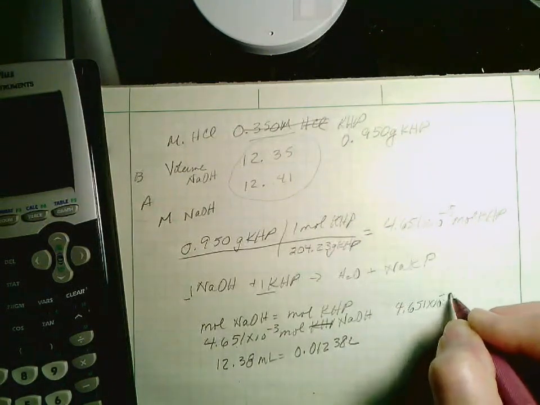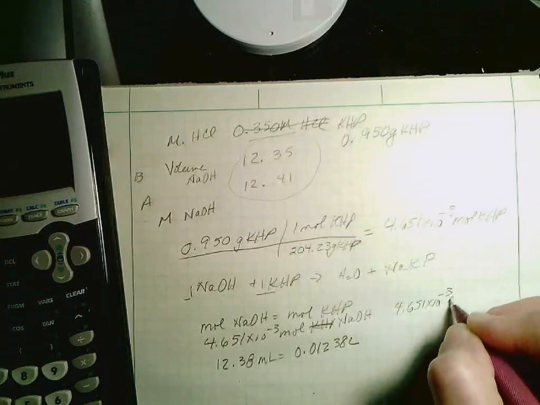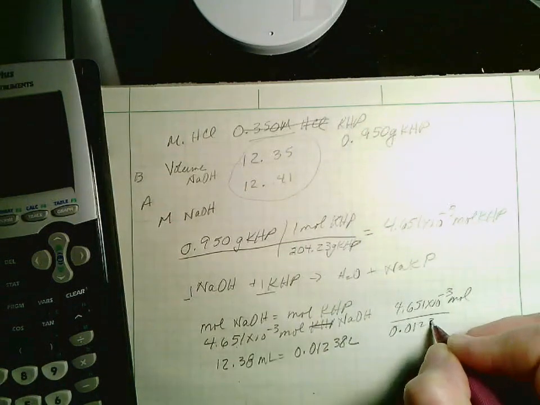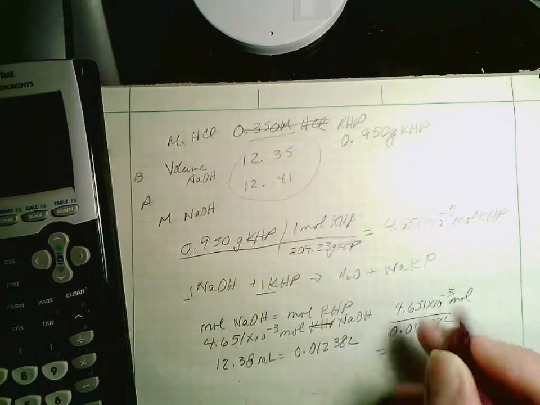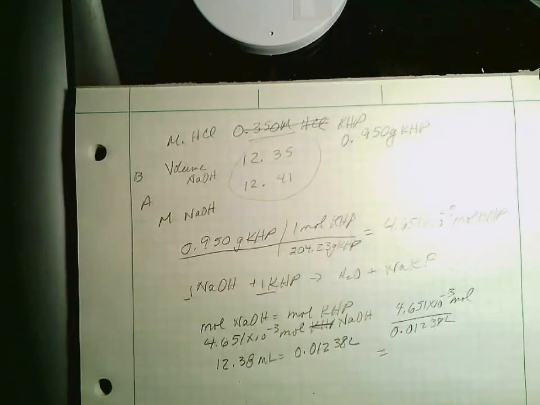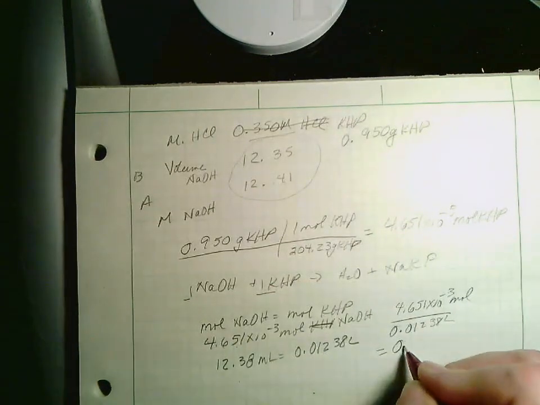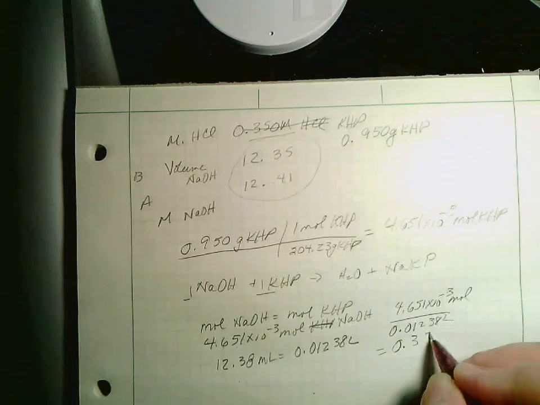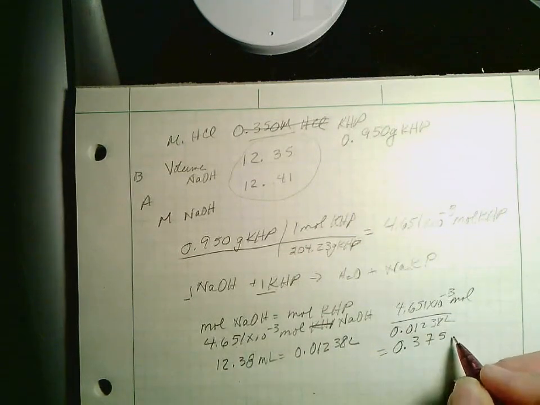So this number divided by that one: 4.651 times 10 to the negative third moles divided by 0.01238 liters is going to equal 0.3756.